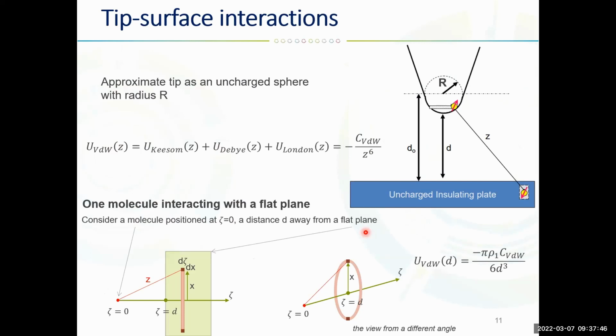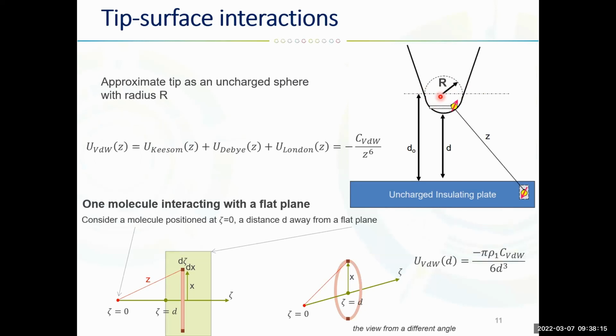Now we have to extend this knowledge over the shape of the tip and the shape of the sample to get the potential energy of tip surface interaction. First of all, we will replace the tip with a sphere, just to have a mathematical model.